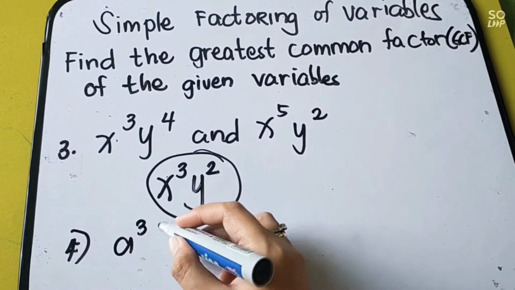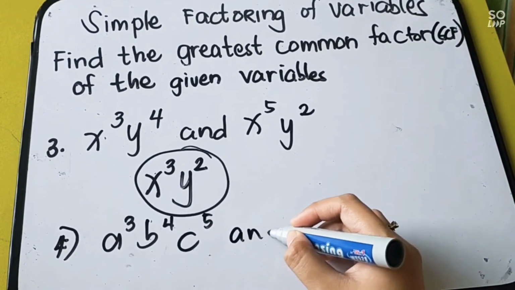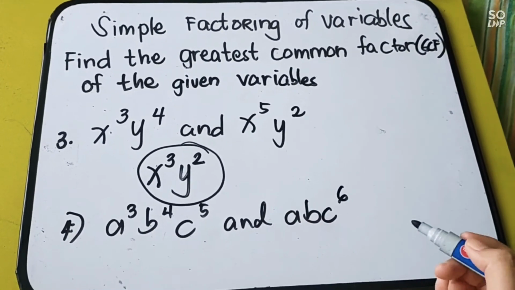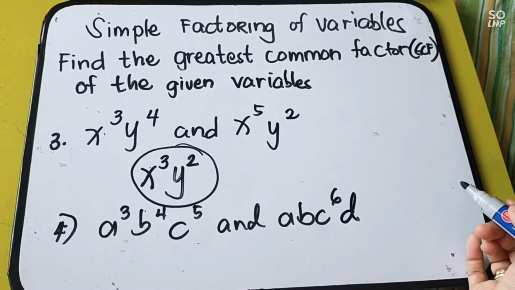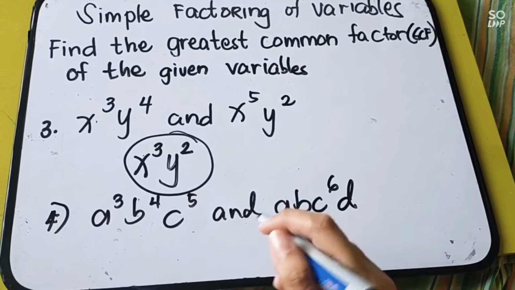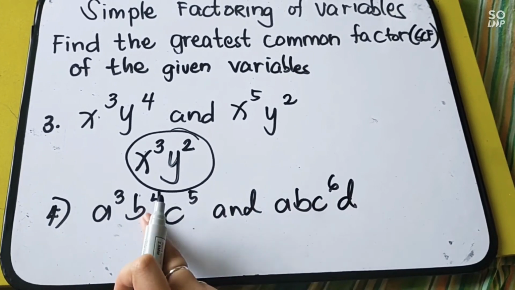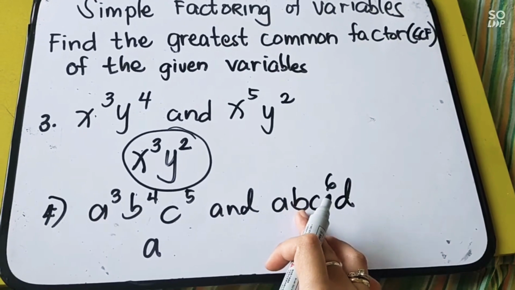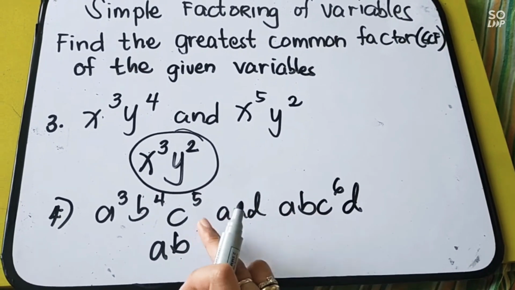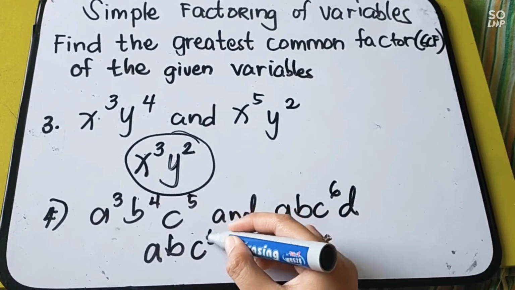For number 4, we have a cubed, b raised to 4, c raised to the 5th, and a, b, c raised to 6. What if we have d? Now, what is common? a cubed and a. Of course, we take a, the lowest. b raised to 4 and b: we have b, the lower. c raised to 5 and c raised to 6: we have c raised to 5.